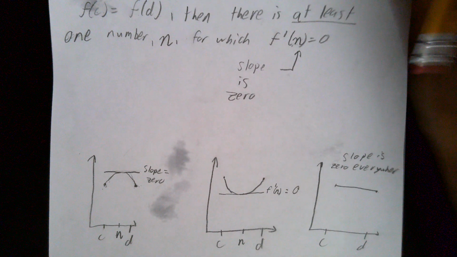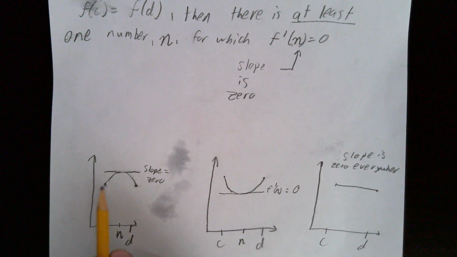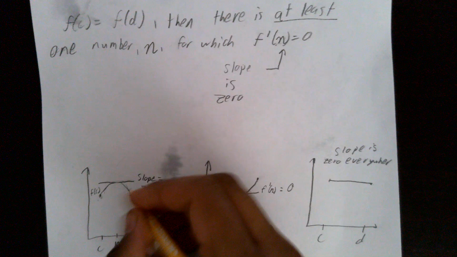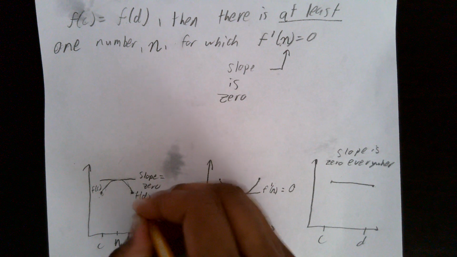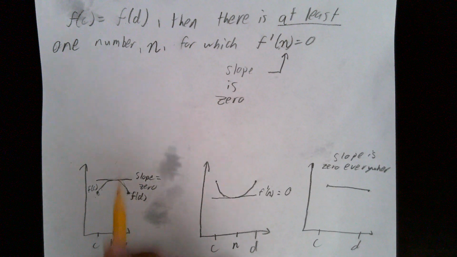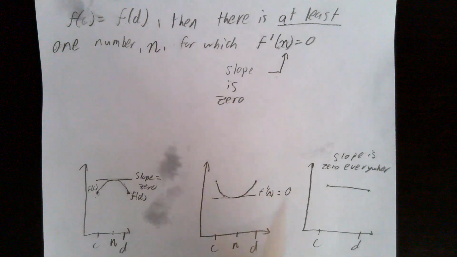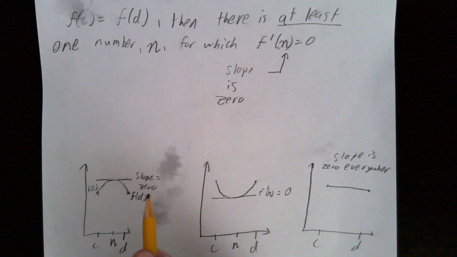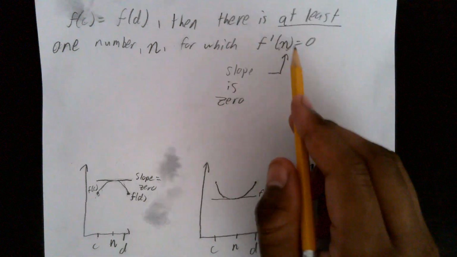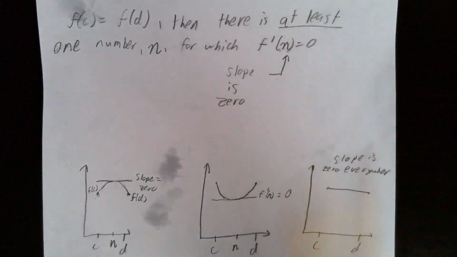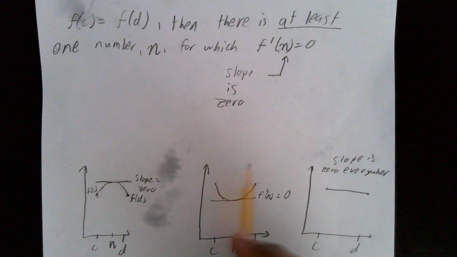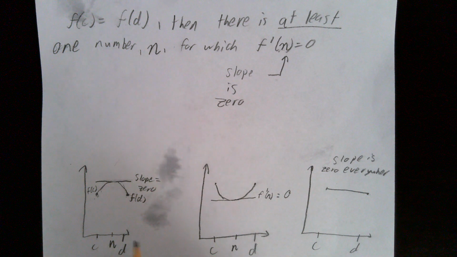So we've got f of c right here, I'll write that there, f of c, and over here we have f of d. They're at the same height, they've got the same y value, so f of c is equal to f of d. So there must be at least one number n for which f prime of n is equal to 0. So that means that at some point in between we've got to have a flat slope.